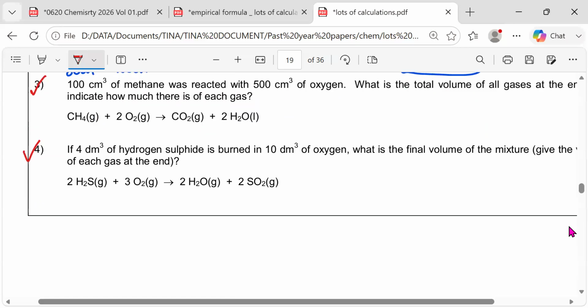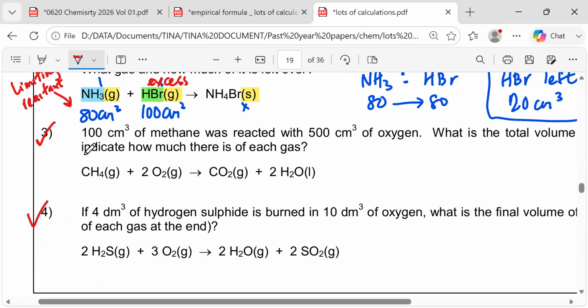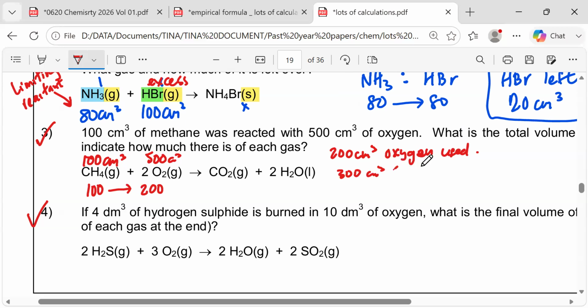We try. Okay, so you see, 100 of this reacts with 500 of this. Okay? So, who is excess? Obviously, this one is excess, right? So it's more. So 100 of this only needs 100. Okay? So 200 oxygen used. Okay, correct? So 300 oxygen left.